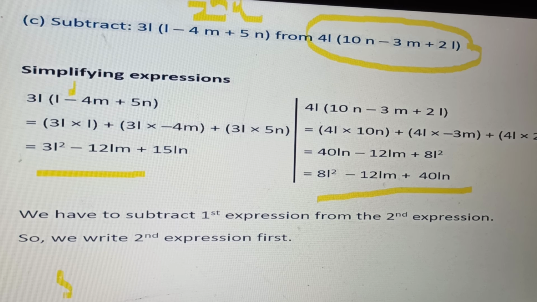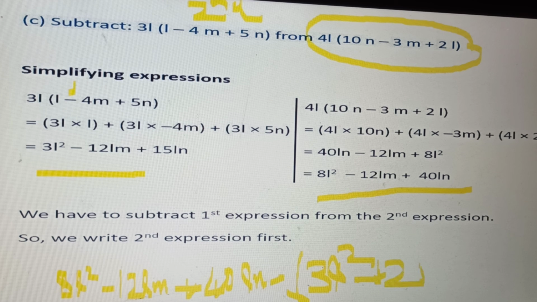That is 8L square minus 12LM plus 40LN, minus of, you have to subtract this expression: 3L square minus 12LM plus 15LN.